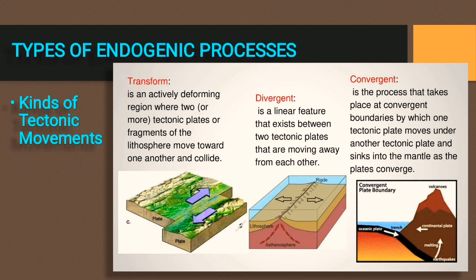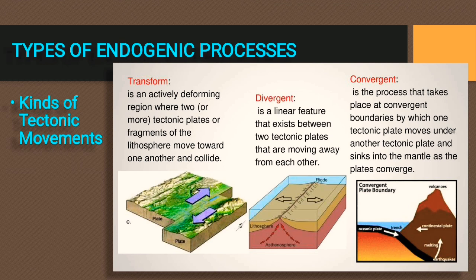In transform boundaries, lithosphere is neither created nor destroyed. Many transform boundaries are found on the seafloor, where they can connect segments of diverging mid-ocean ridges, and one example of a transform boundary is the California San Andreas Fault.